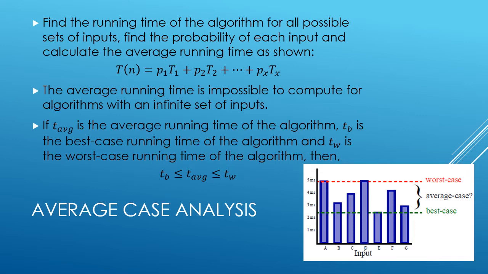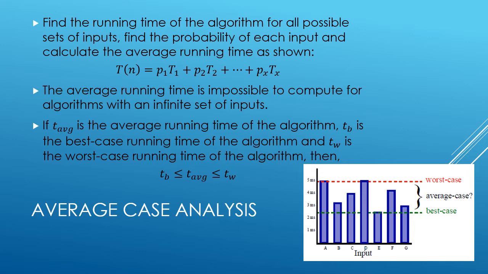In the picture, we show an algorithm with 7 different input sets. For input set A, the algorithm takes 5 milliseconds. For B, it takes 3 milliseconds. For C, it takes 4 milliseconds. For D, it takes 5 milliseconds. For E, it takes 2.5 milliseconds.